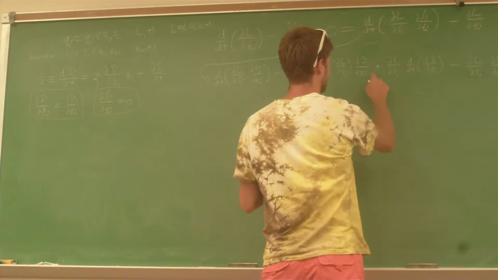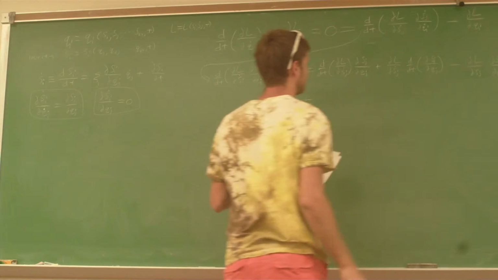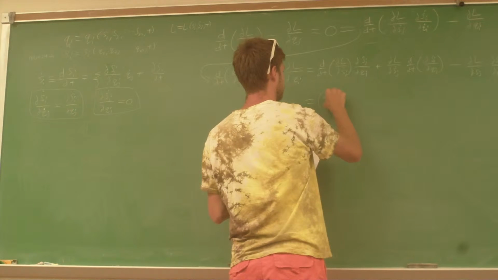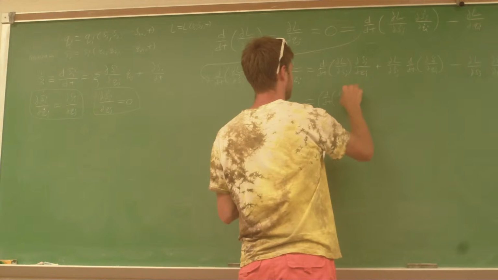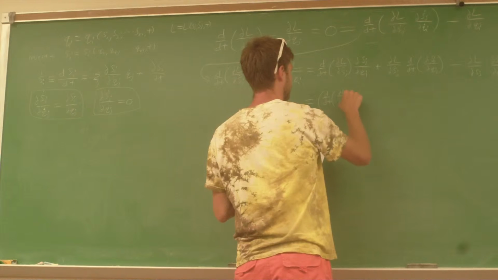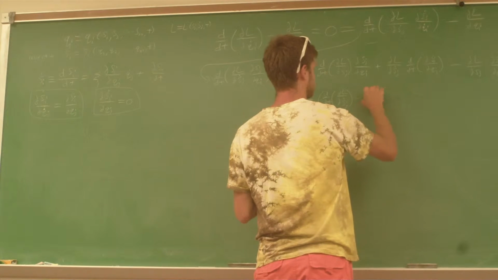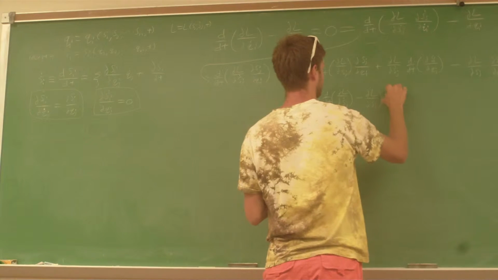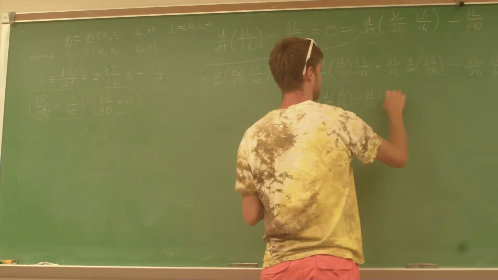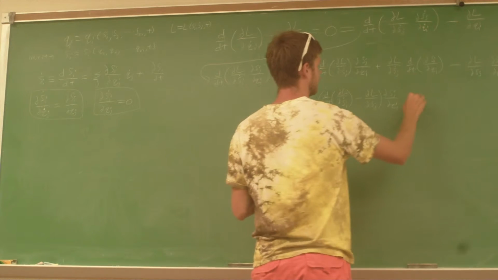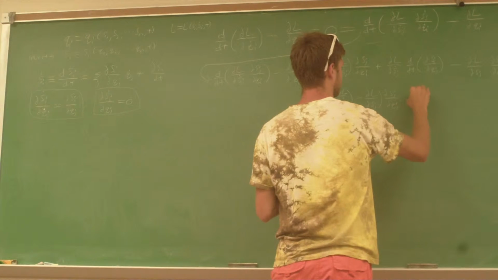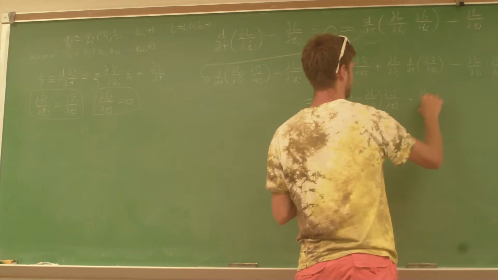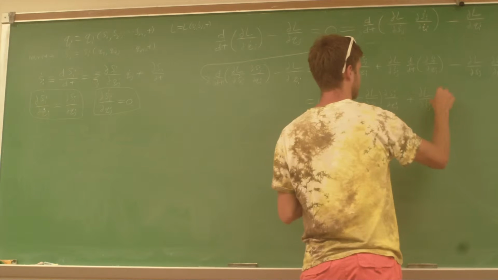So now we've got partial Sj, partial Qi. Same thing over here, so let's factor this. Now we get d/dt of partial L with respect to Sj dot, minus partial L with respect to Sj, whole thing times partial Sj with respect to Qi, plus, I can take this down here, partial L with respect to Sj dot.